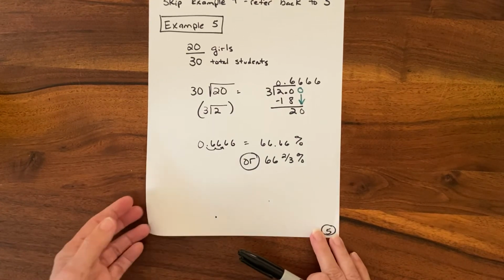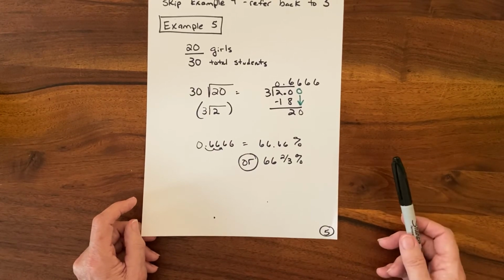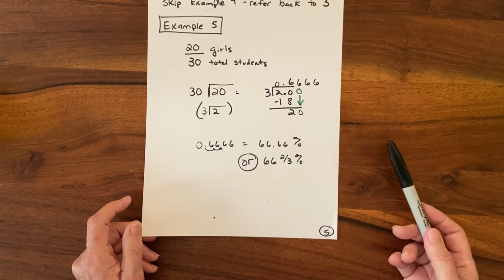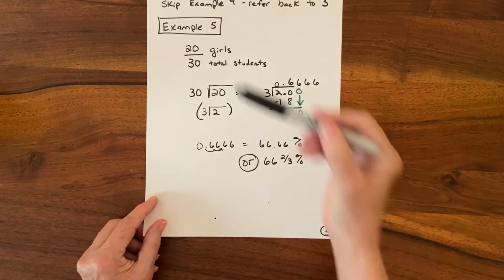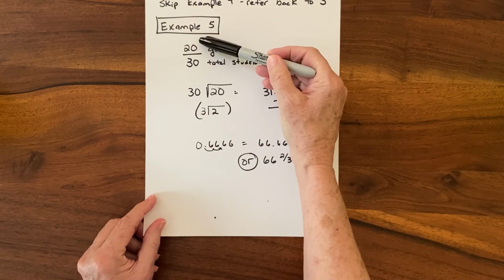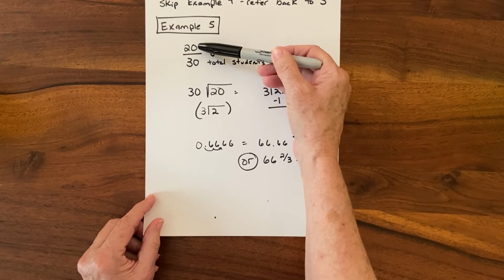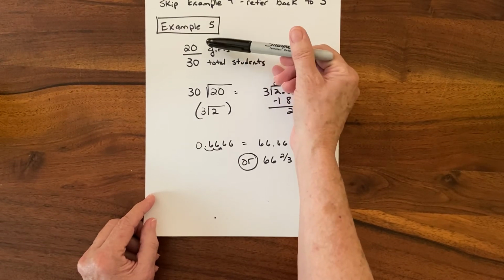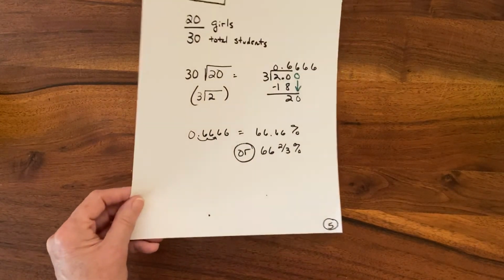Probably we'd say we have 66 girls, or maybe round up to 67. Anyhow, that's what they're saying when they ask you what percent it would be. So in this problem, 66.66 or 66 2/3 percent of the total students are girls. That's your percent.